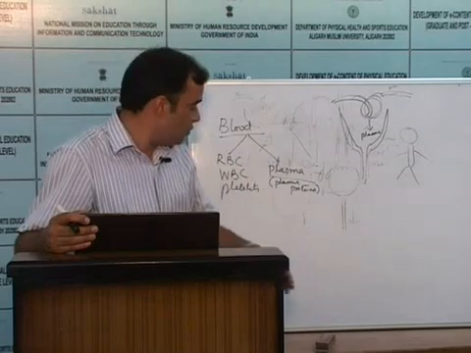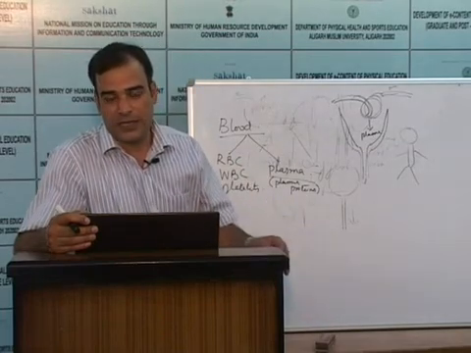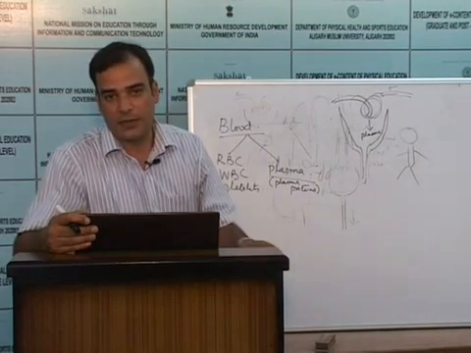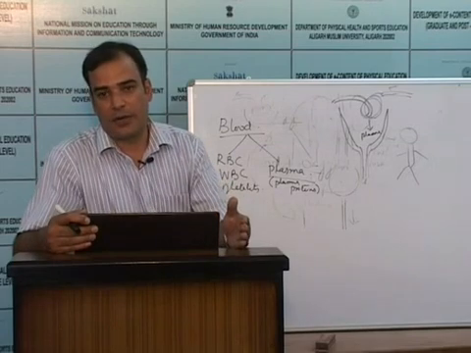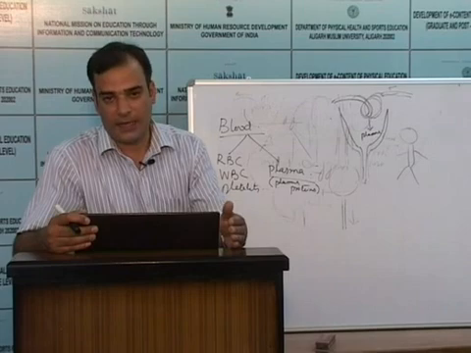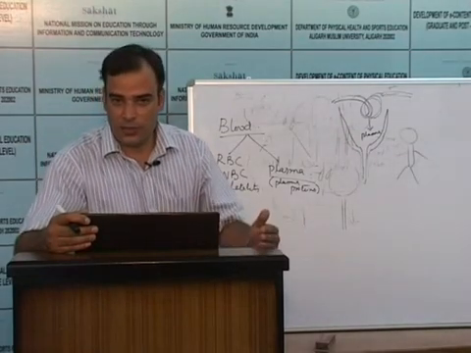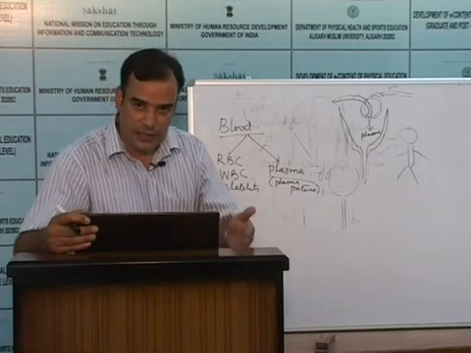Our blood, as I told earlier, which consists of cells and plasma, contains about 3 liters of plasma. That is the liquid part. And glomerular filtration rate is about 180 liters. That means our blood passes about 50 times through the kidneys, or it is filtered 50 times in a day in the kidneys.